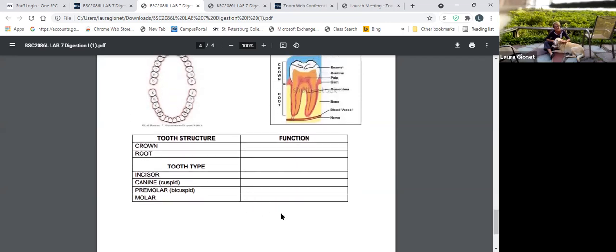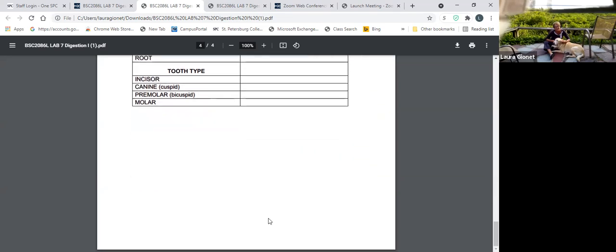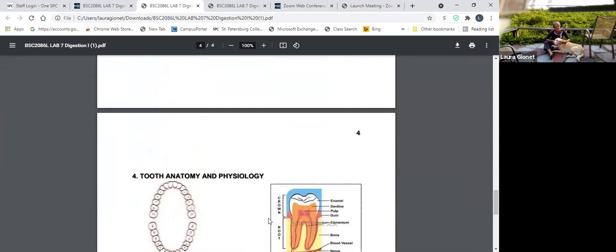Premolars and molars, they're grinders, right? They macerate between them by moving the teeth back and forth. Right, so we have incisors that cut, canines that shred, and premolars and molars that grind. Kind of like a mortar and pestle. You know what that is?